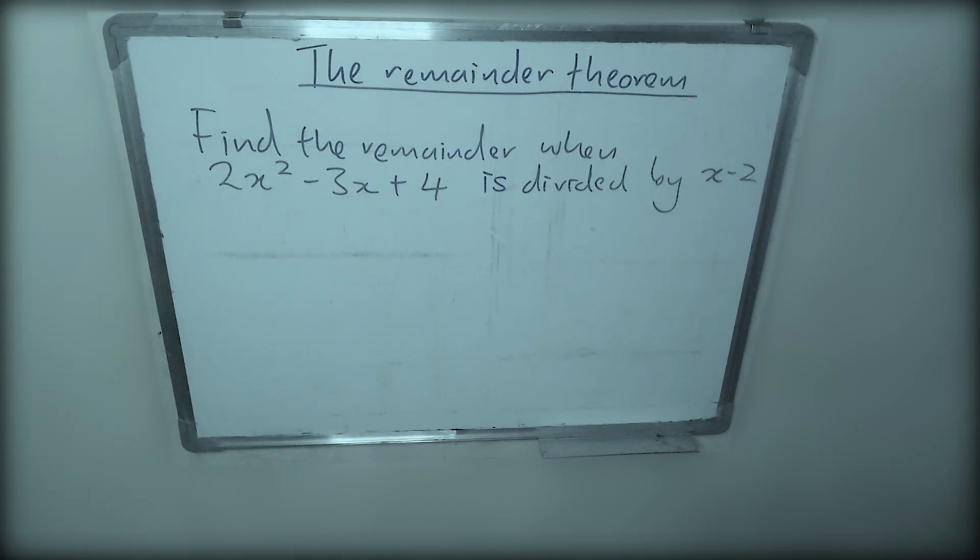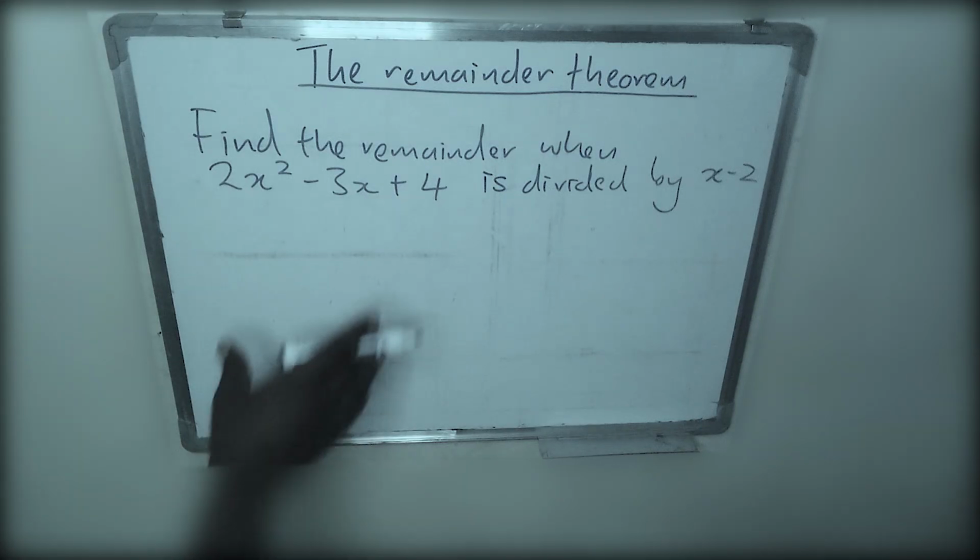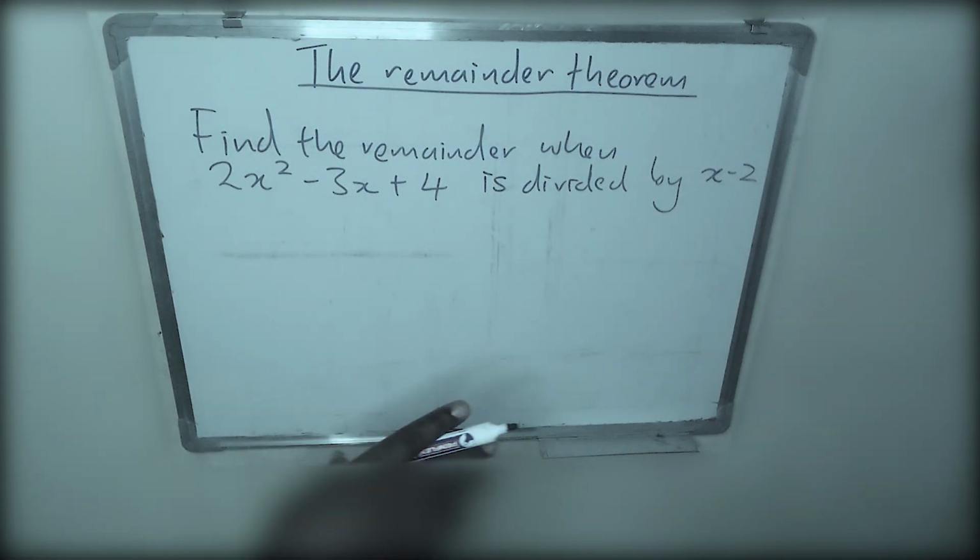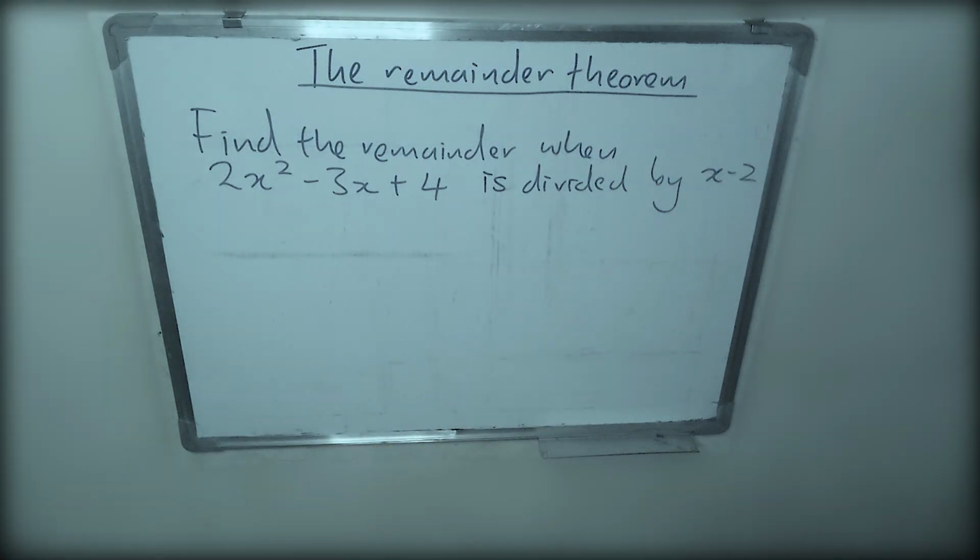The question says, find the remainder when this polynomial 2x squared minus 3x plus 4 is divided by x minus 2. So let's see how we are going to find the remainder.